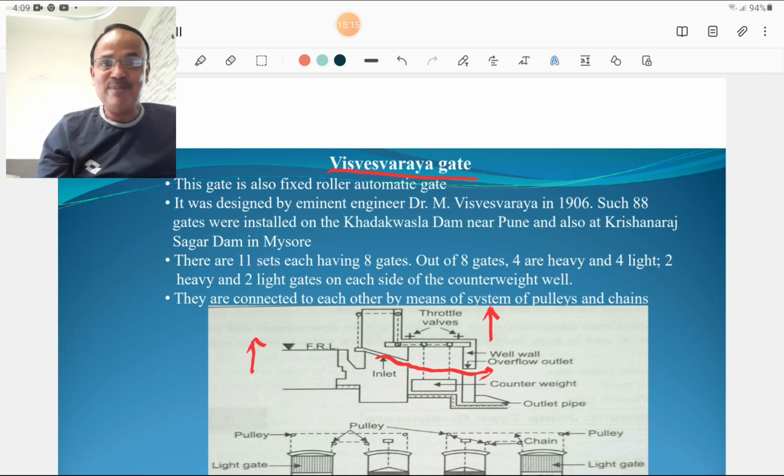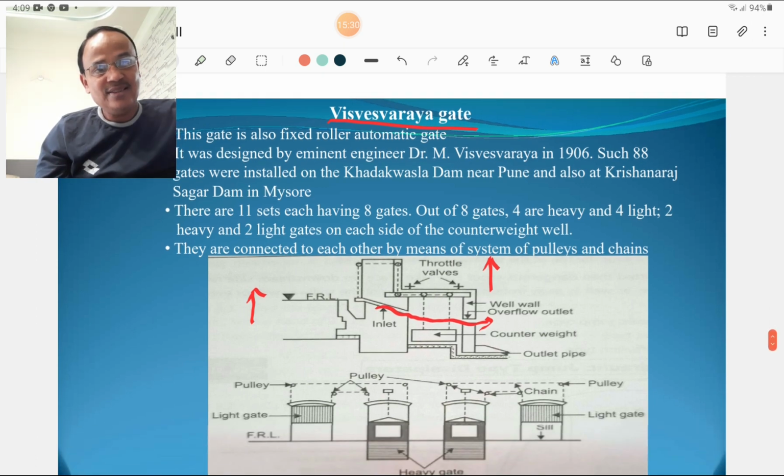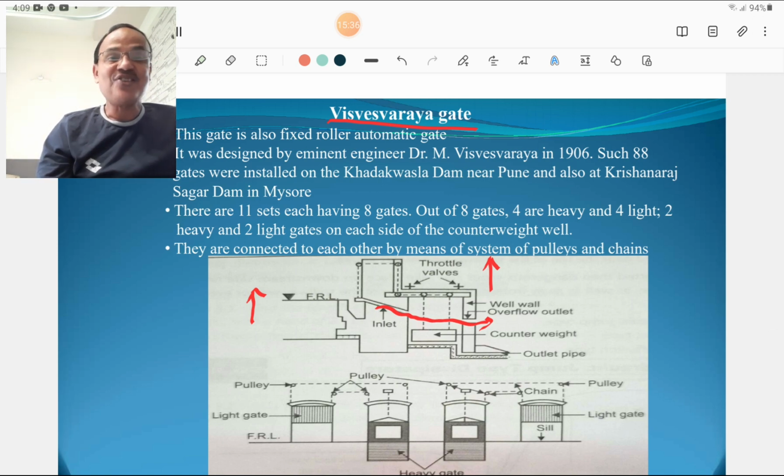It was designed by the eminent engineer Dr. Mokshagundam Vishveshwaraya in 1906. Such 88 gates were installed on Khadakwasla Dam near Pune and also Krishnaraj Sagar Dam in Mysore. These gates are in 11 sets, each having 8 gates. So 11 sets are provided and each set has 8 gates.